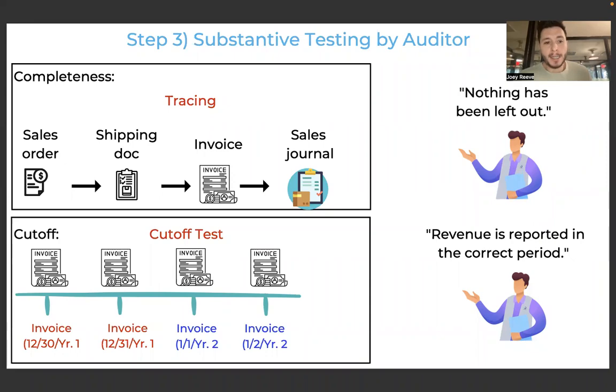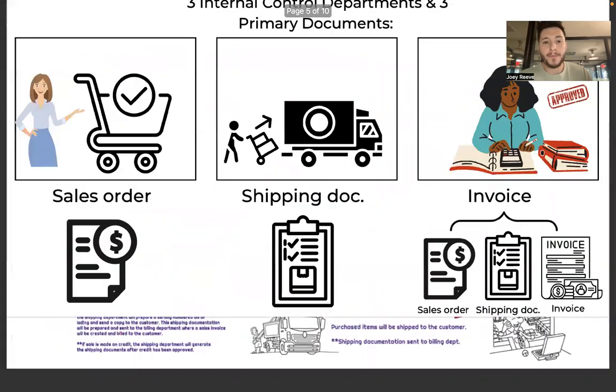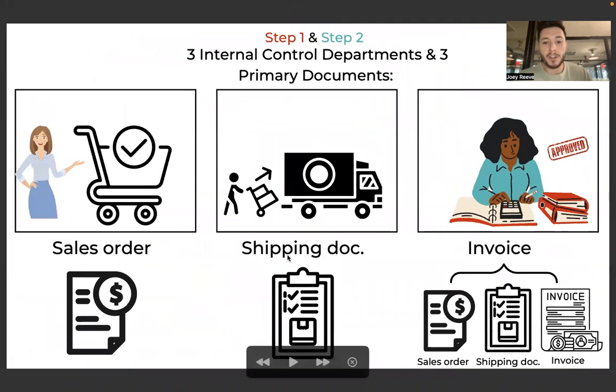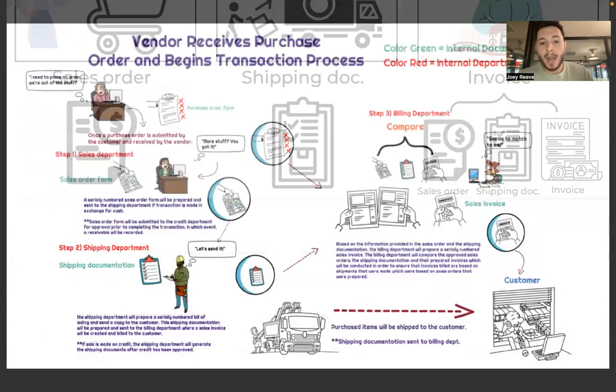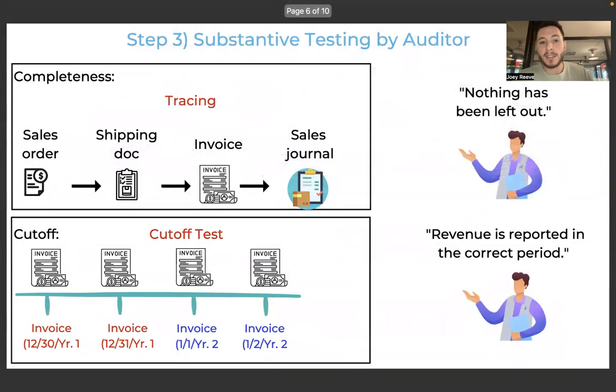What were the 3 primary documents that were created? The sales order, the shipping document, and the invoice. These 3 documents are telling the story to the auditor. So now when they're testing for completeness and you're thinking tracing, this is the difference in giving yourself a 50% chance of getting the question right and a 70 to 80% chance of getting the question right.